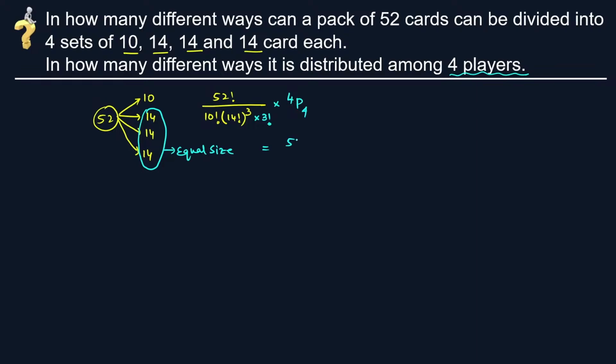So your final answer for distributing these 4 groups among 4 players will be factorial 52 divided by factorial 10 into factorial 14 whole cube into factorial 3, into factorial 4, right? Because 4P4 is basically factorial 4 and that will be your answer. Is it clear to everyone? Okay, let me take another problem.